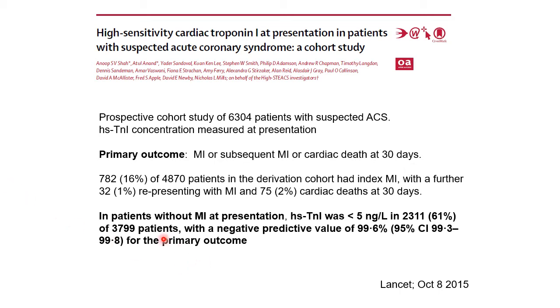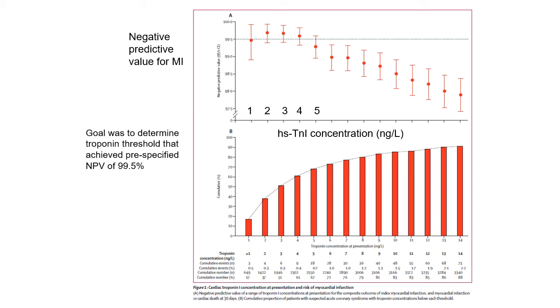The final conclusion was that in patients presenting without MI, a high sensitivity troponin I was less than 5 nanograms per litre in 61%, for which there was a negative predictive value of greater than 99% for the primary outcome. So with high sensitivity troponin I at very low concentration, less than 5 nanograms per litre at presentation, there is a very high negative predictive value.